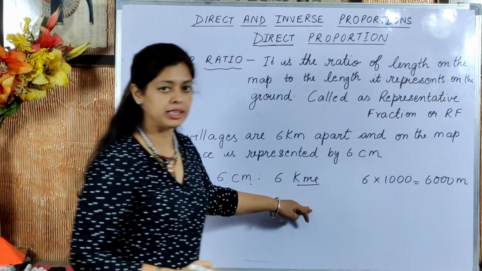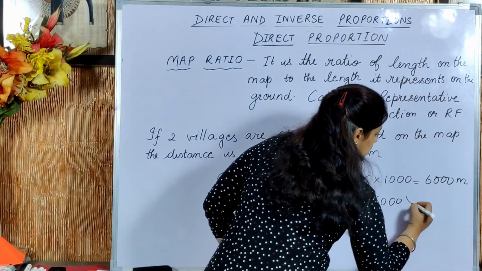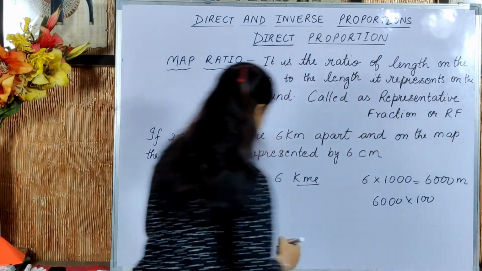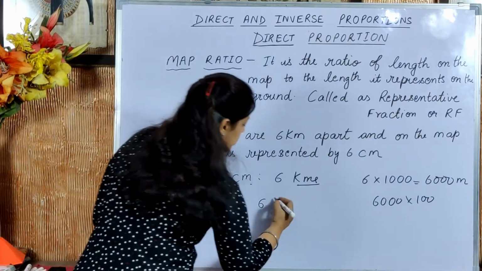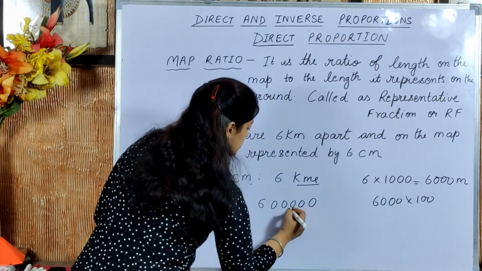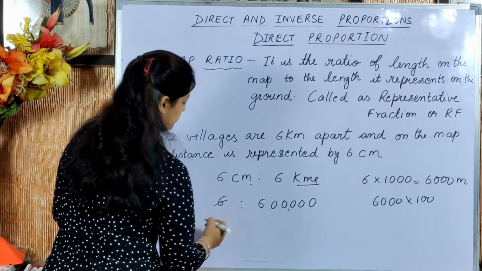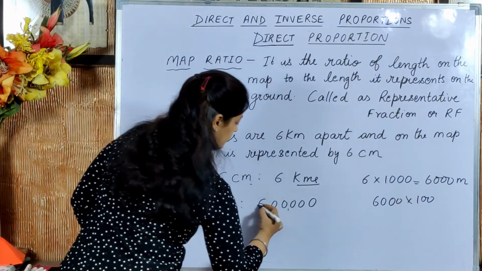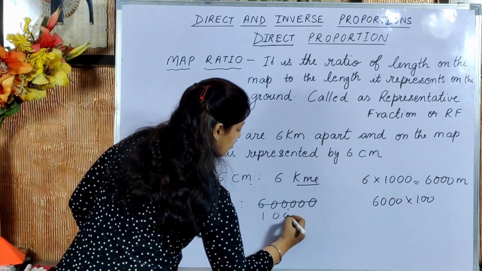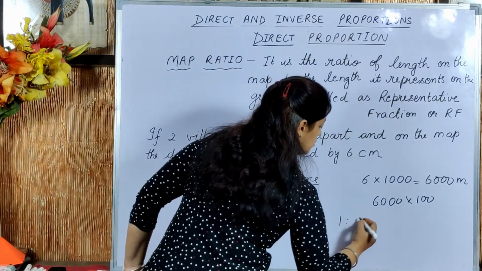Now 100 centimeters equal 1 meter. So again we multiply this 6000 with 100. And then we get the answer in centimeters. That is 6 lakhs. So here we can get 1:1 lakh.